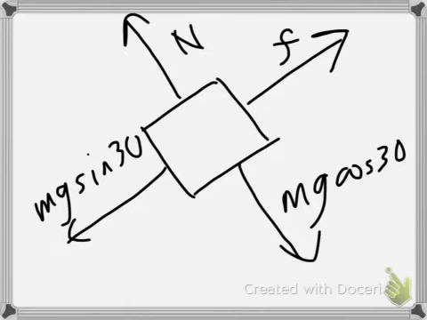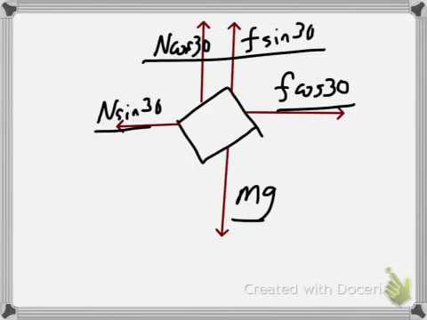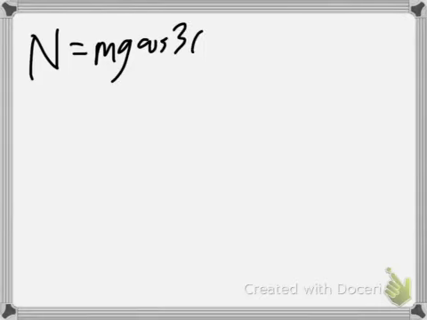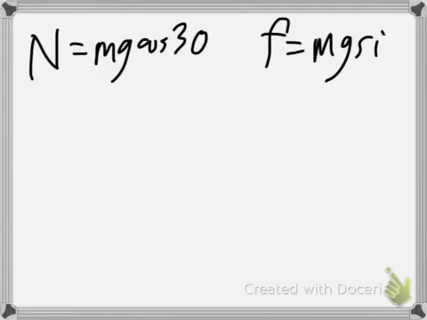So, instead of our earlier situation, which I'll go back to, where we have multiple forces in each direction with multiple different variables, with adjusting my axes, it makes it a lot more simplified. So I can say that N equals mg cosine 30, and that friction equals mg sine 30.